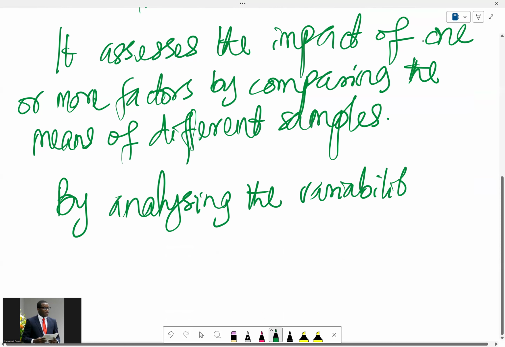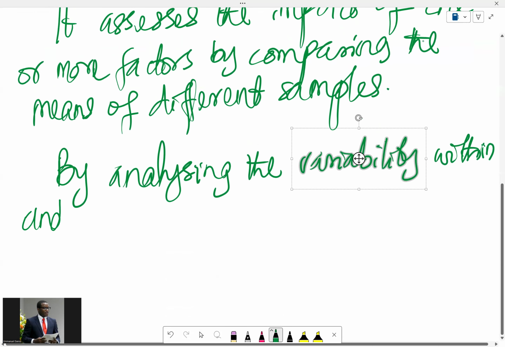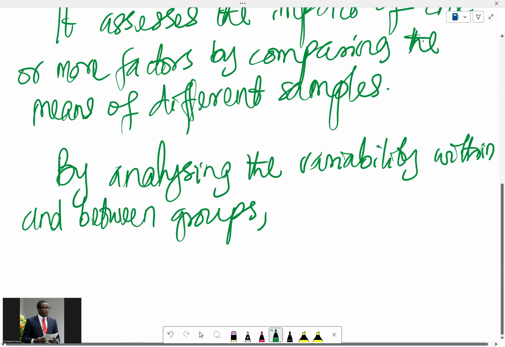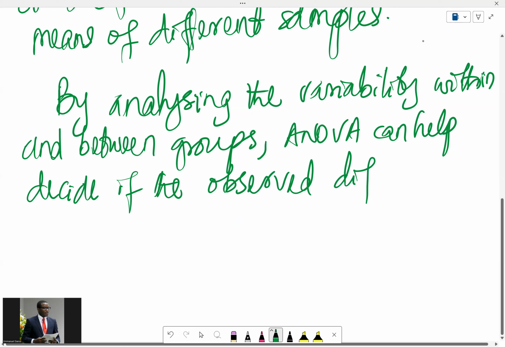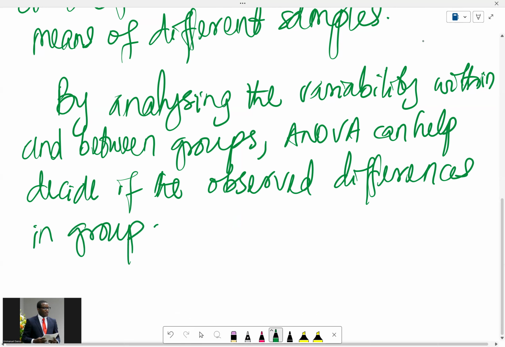By analyzing the variability within and between groups, ANOVA can help decide if the observed differences in group means are statistically significant.